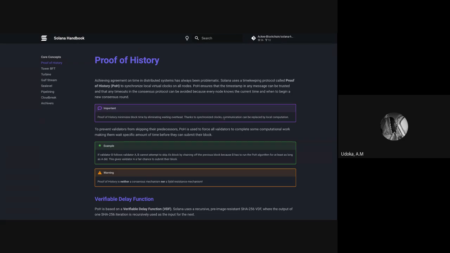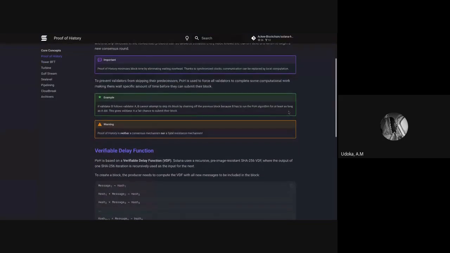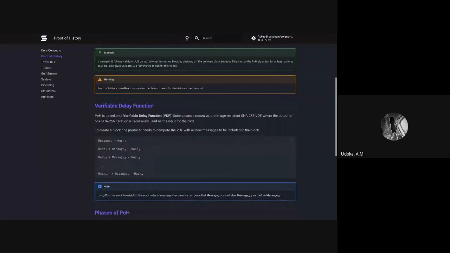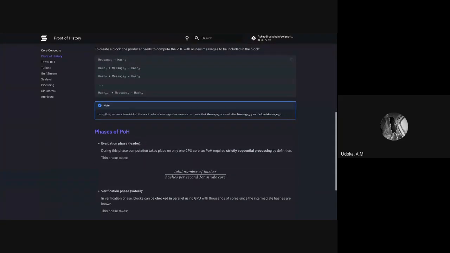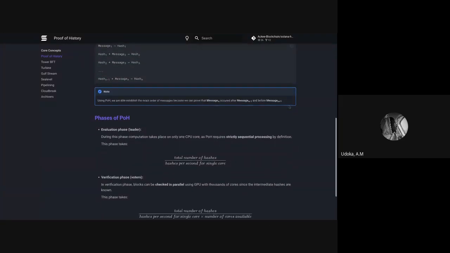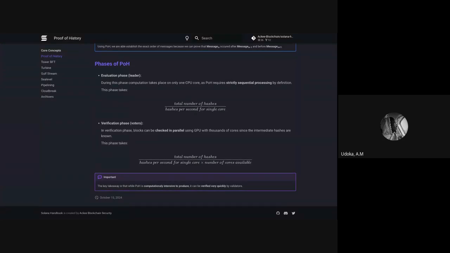Thanks to synchronized clocks, communication can be replaced by local computation. Looking at proof of history and the concept of synchronized clocks being programmed directly into how the nodes function, together with the Gulf Stream explanation, it should begin to form a base, even if you've not heard of Solana before or been exposed to these layers of information.